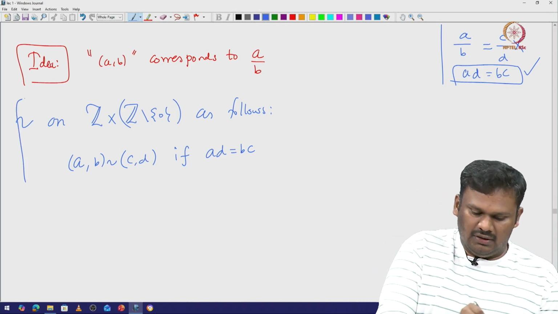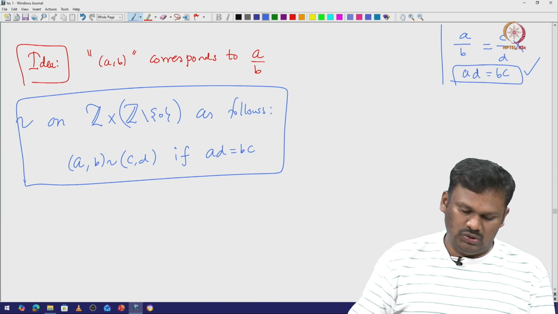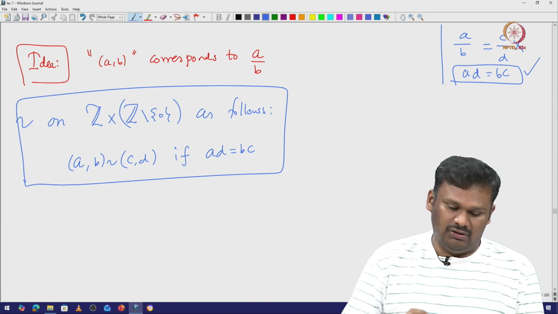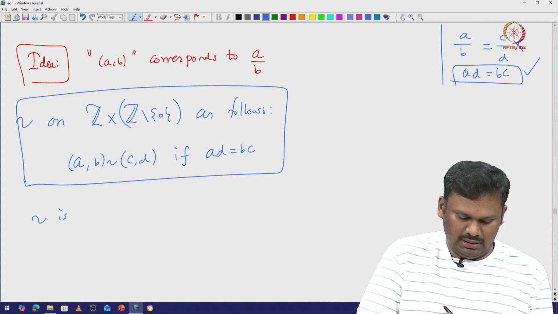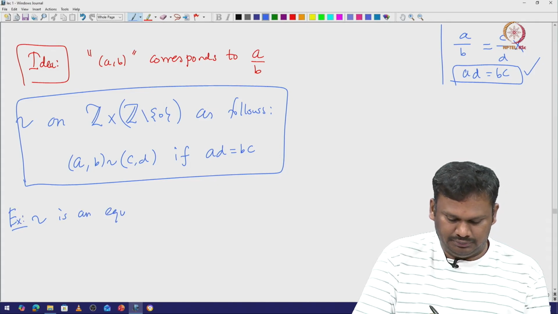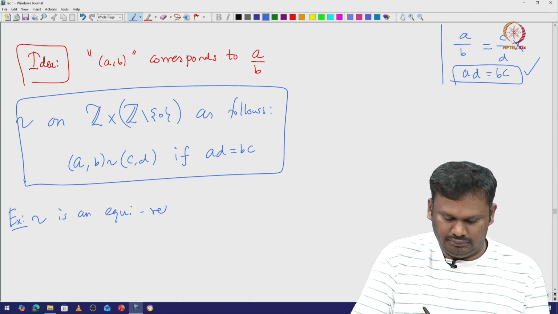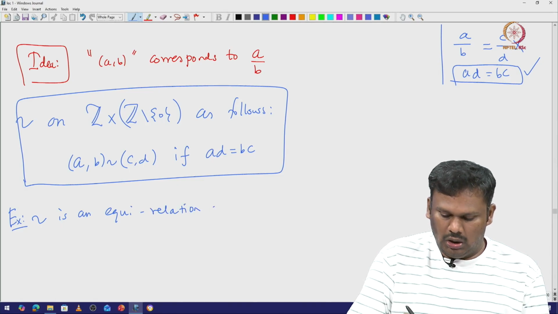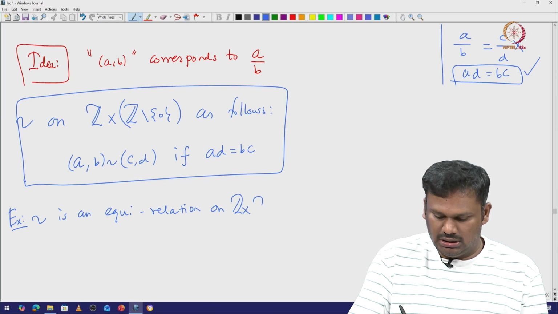Now, again it is a routine thing to check that this is indeed an equivalence relation. So, tilde is an equivalence relation on this Z cross Z minus 0.